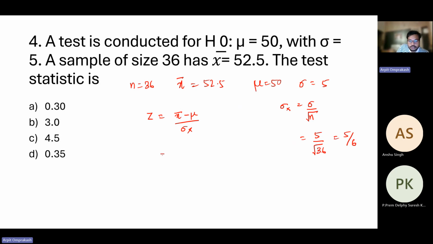So we input these values: x bar is 52.5 minus 50 divided by 5 by 6, which is 2.5 divided by 5 by 6, that is 25 by 10 into 6 by 5, which gives 3. So our answer is option B, 3.0.